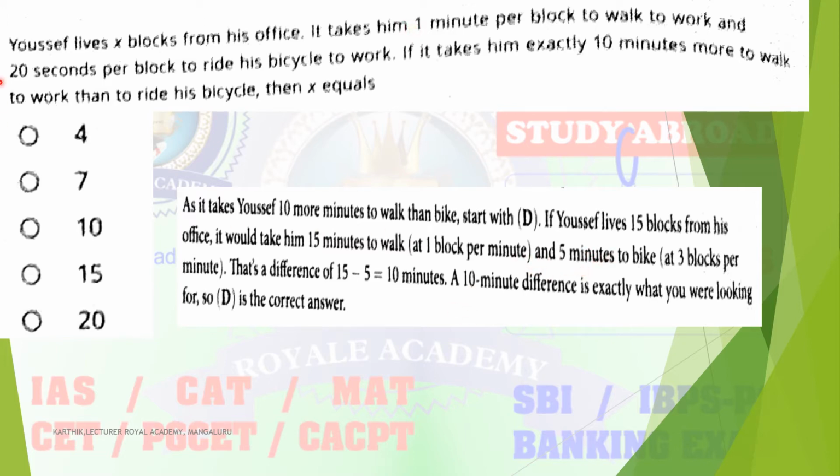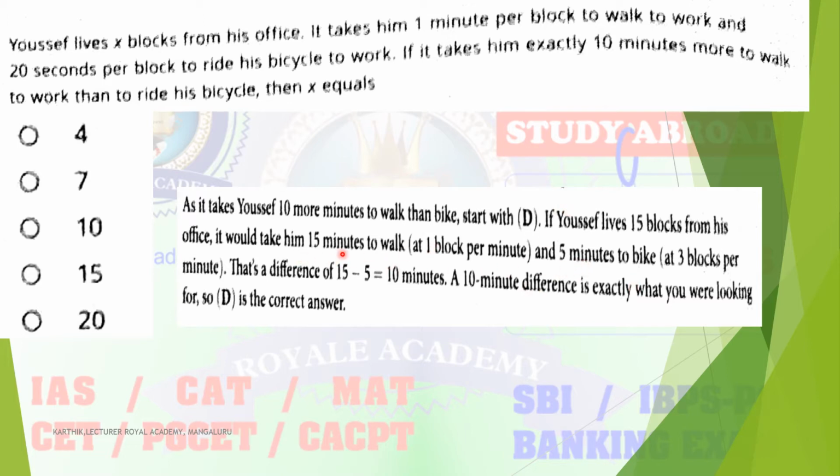By bicycle, it is 20 seconds per block, so he can travel 3 blocks in 1 minute. So 15 blocks is 5 minutes.